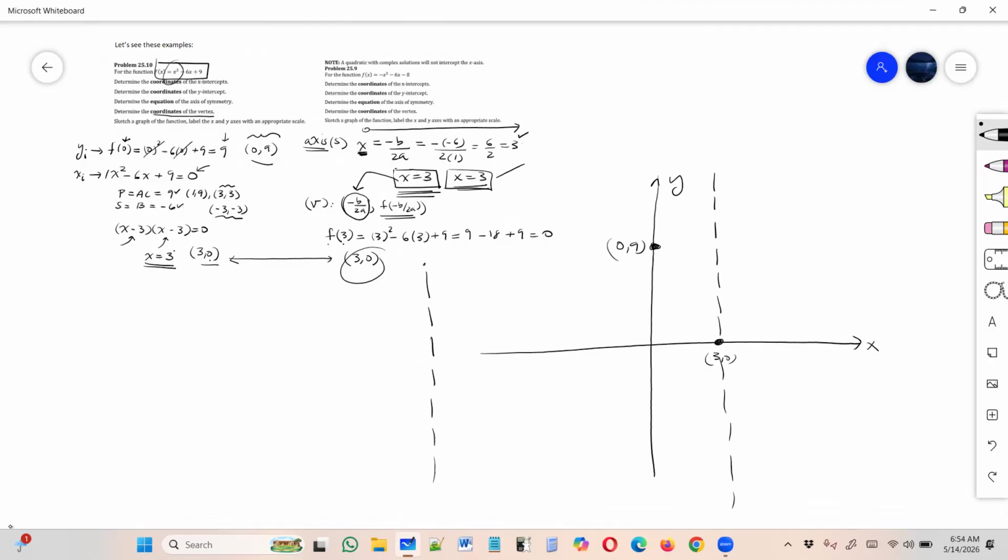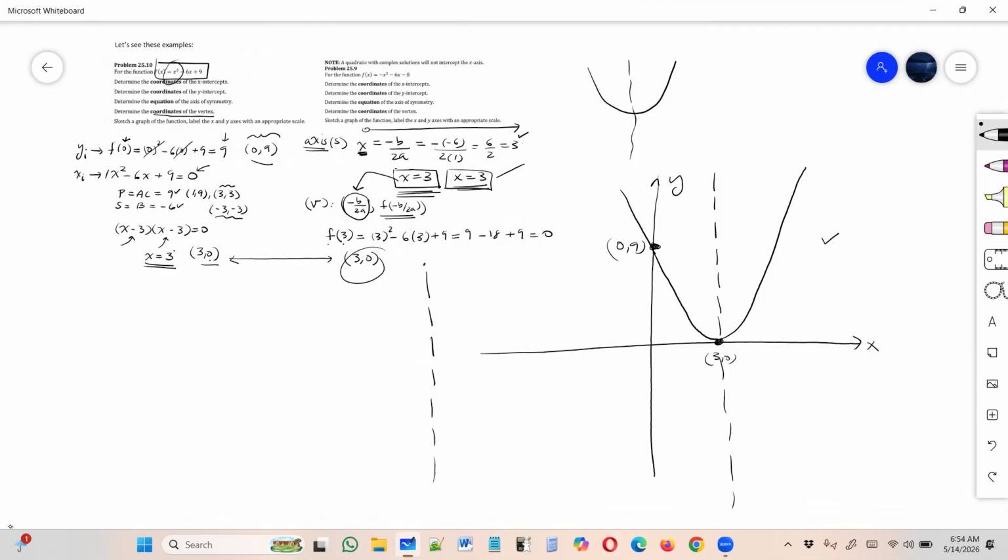You already know in this case, the parabola is concave up. Now, the left side of the parabola is identical to the right. So all you have to do is trace a line that is a little bit curvier this way, and then go the same way on the other side. Okay. So this is the final graph for this particular problem.